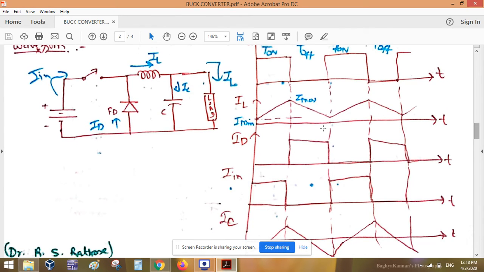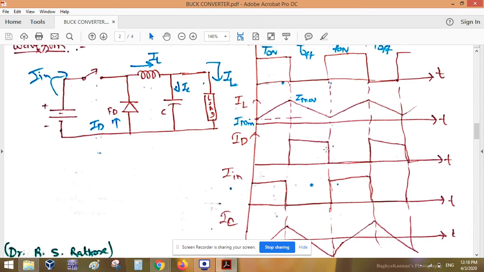In the input current, during T on, I in is supplying the current; during T off, I in is not supplying the current, and again during T on it supplies the current. What is happening to the diode current? During the on period, the diode is reverse biased, so it will not conduct. During the next cycle, the T off cycle, it will start conducting, like this.